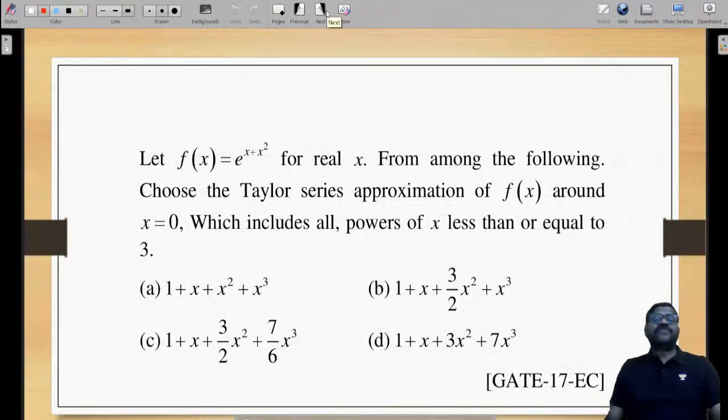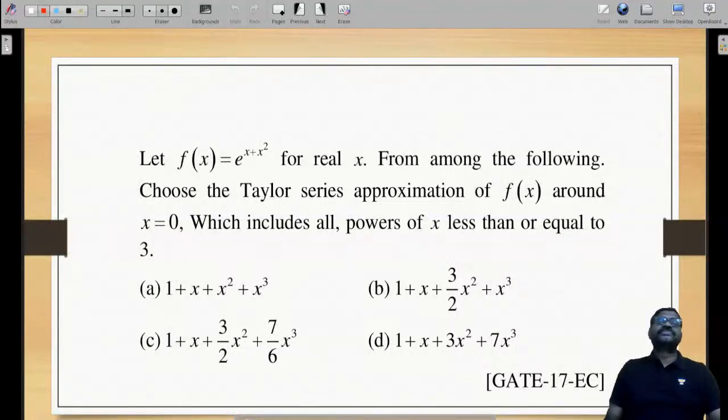Let f of x equal to e power x plus x square for real x. So we have to calculate the expansion of f of x equal to e power x plus x square, which includes all powers of x less than or equal to 3.